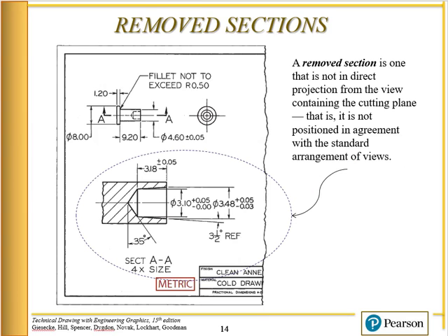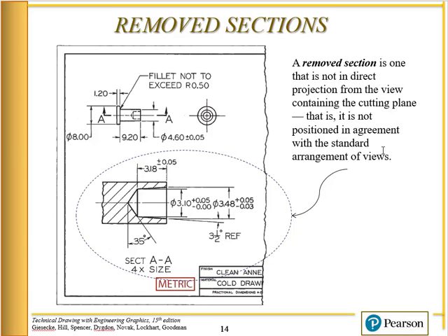If you're counting along, the next one is a removed section. So far we have 1 whole section, 2 half section, 3 broken out section, 4 revolved section, 5 is going to be a removed section. What we do in a removed section is we take a part view that's not a direct projection.